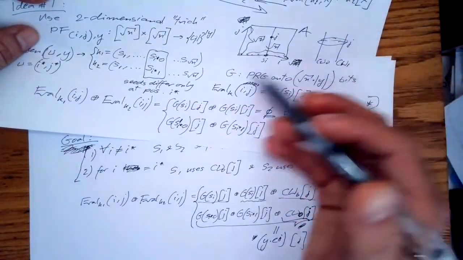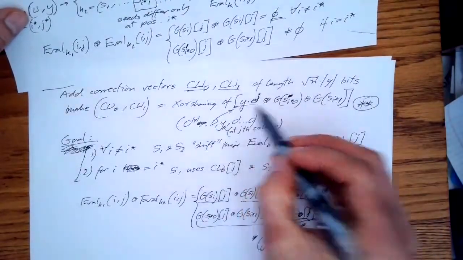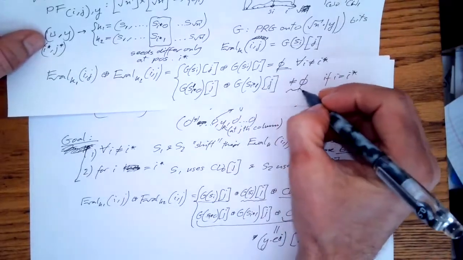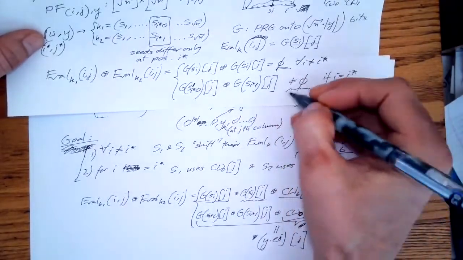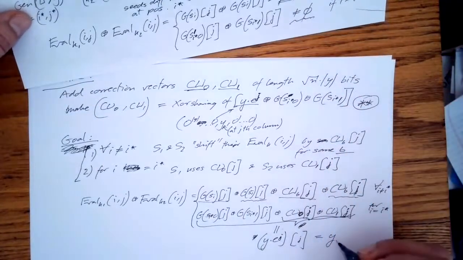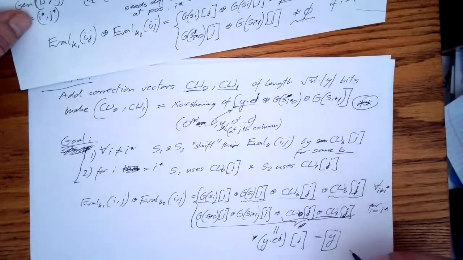Again, this must be somehow uniform. And we need the correction vectors to be this way to somehow go from this messy property of being non-zero to the clean property of being Y at position J, right?